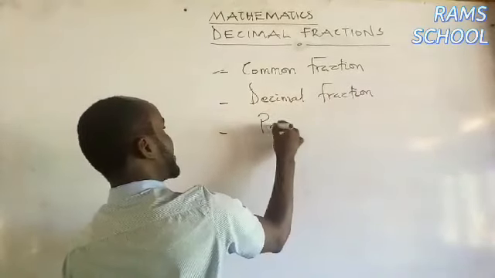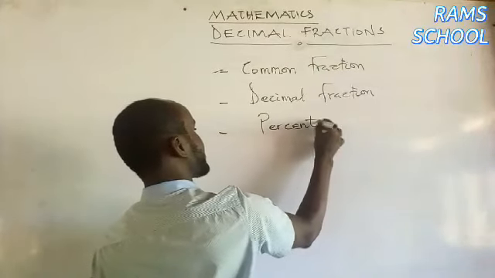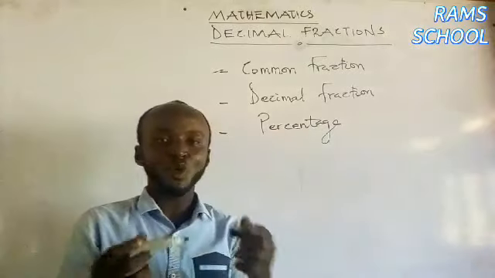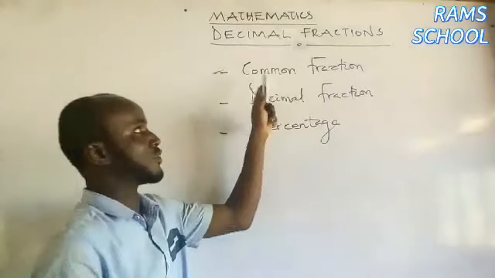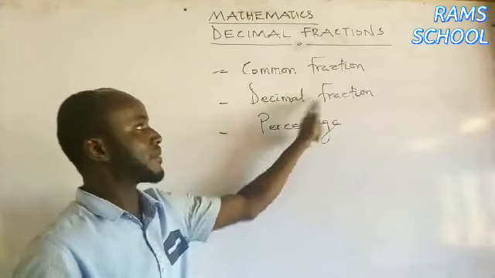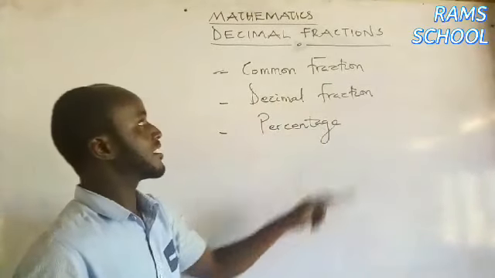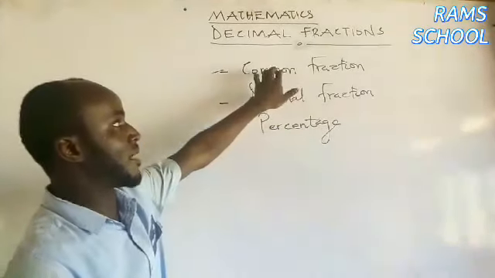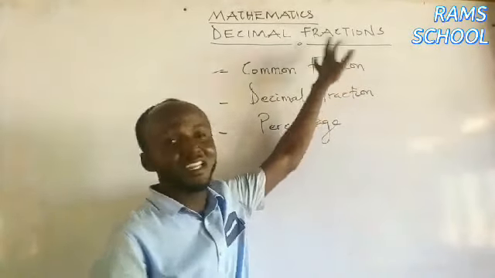Then we have percentage. So basically, these are the three main types of fractions we have: common fraction, decimal fraction, and percentage. Now, we've already learned about the common fraction in previous lessons.